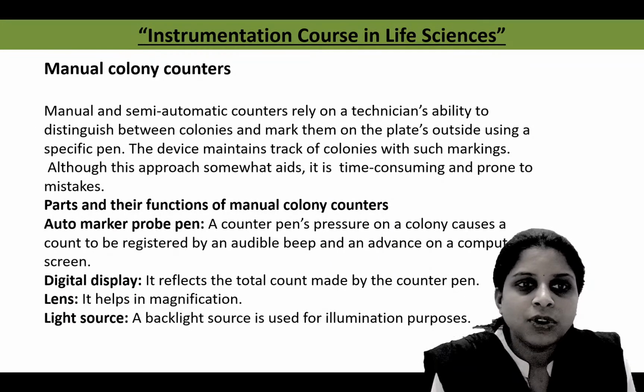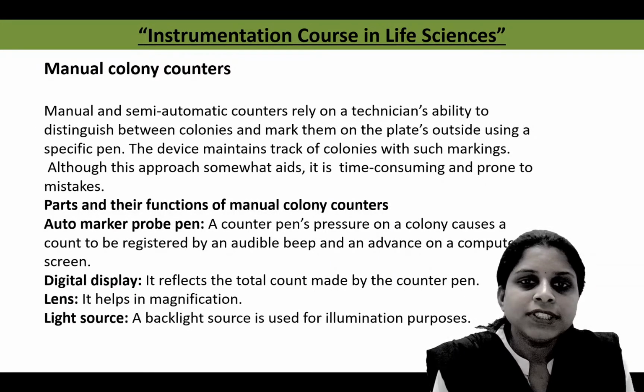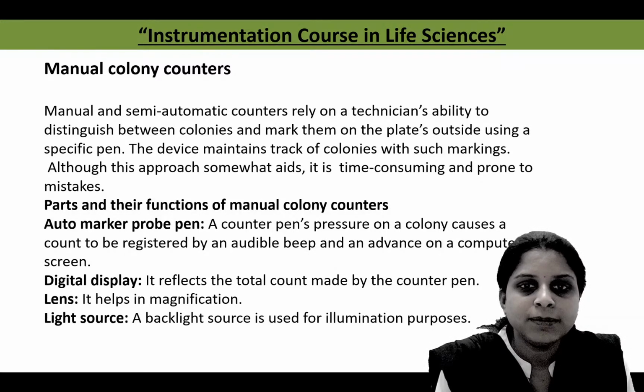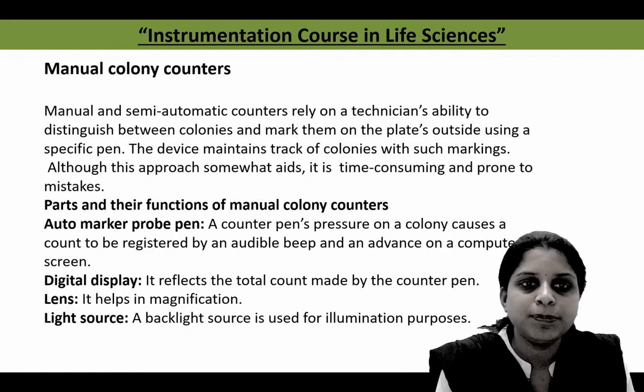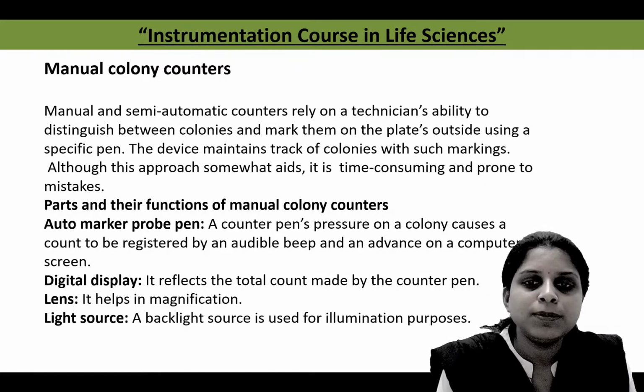First is the manual colony counter. Manual or semi-automatic counters rely on the technician's ability to distinguish between colonies and mark them on the plate from outside using a specific pen. The device keeps track of colonies with such markings. Although this approach somewhat aids, it is time consuming and prone to mistakes.